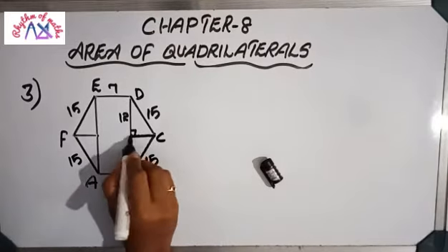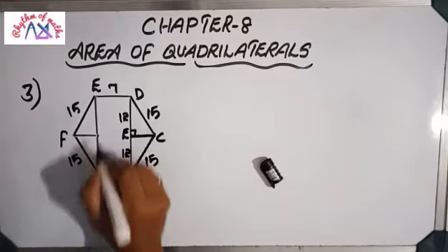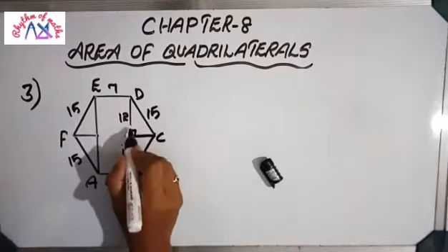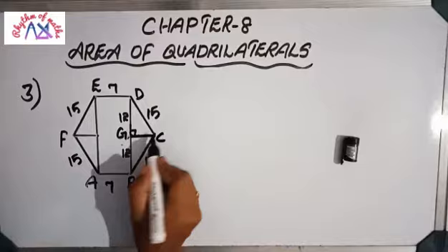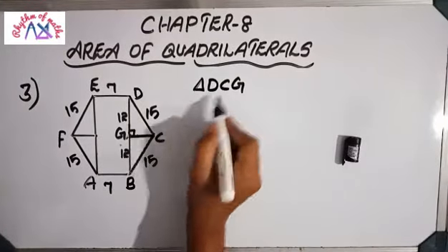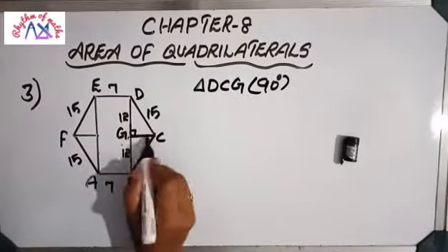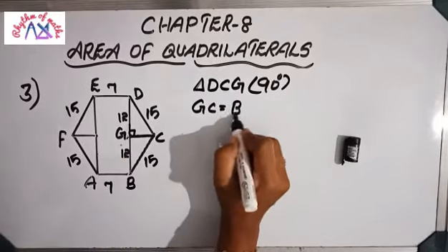Let's mark the point as E. Sorry, E is already there, so let's consider it as G. Now to find this portion, consider triangle DCG. It's a 90-degree triangle. Here the base we need to find, GC.